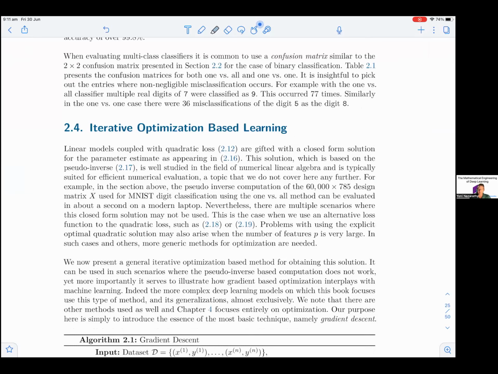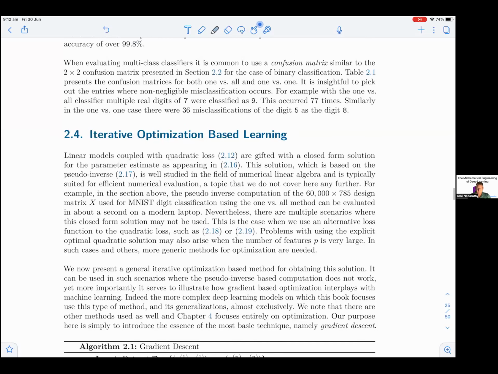It's insightful to pick out the entries where non-negligible misclassification occurs. For example, with the 1 versus all classifier, multiple real digits of 7 were classified as 9. This occurred 77 times. Similarly, in the 1 versus 1 case, there were 36 misclassifications of the digit 5 as a digit 8.